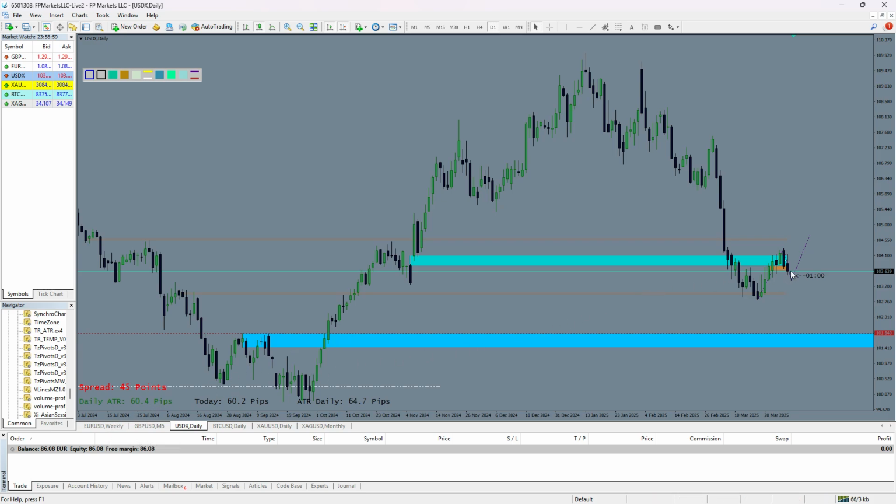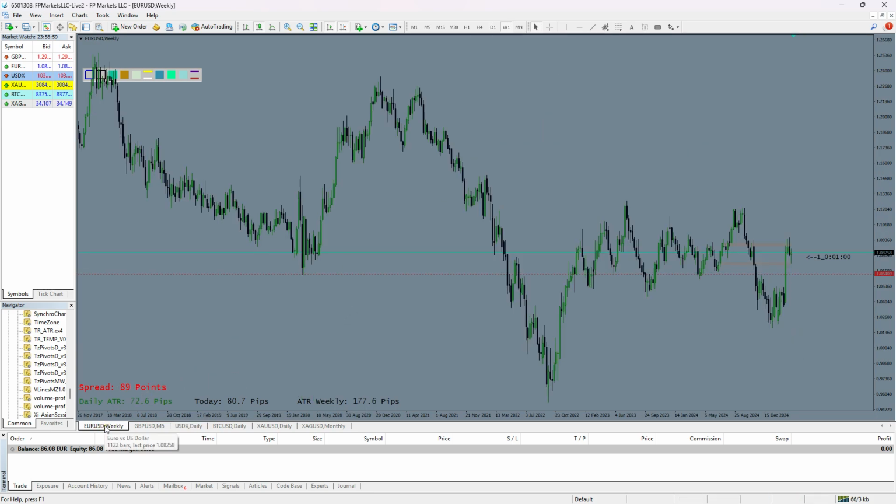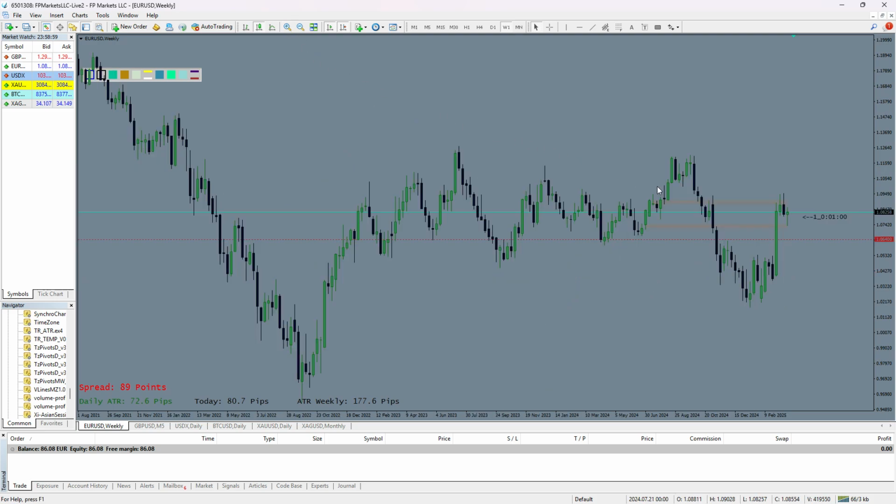So I'm expecting dollar to keep coming down, and this is our euro dollar. I'm expecting euro to keep going up, and if euro wants to keep going up for 200 pips, that's 1.1025.